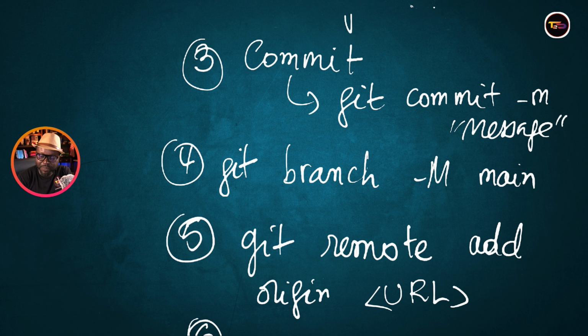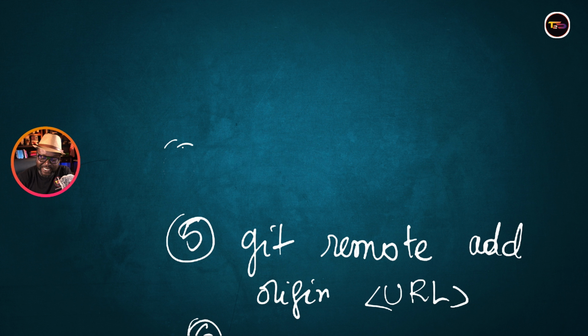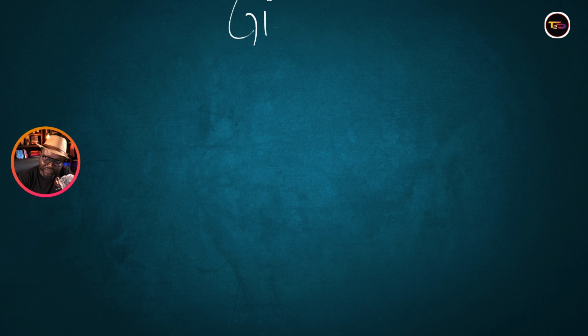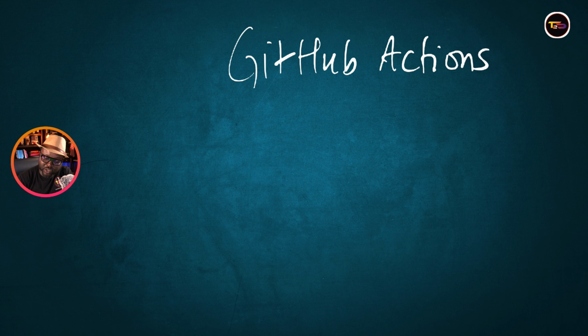So let me explain now what GitHub Actions really does. First of all, you have to understand that GitHub Actions is one of the tools that you can use for CI, meaning continuous integration.